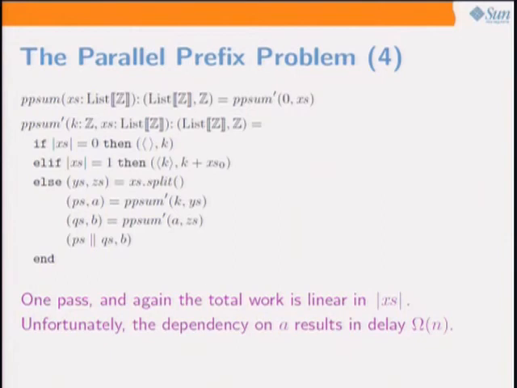Unfortunately, a did come out of the result of the first call to pp sum prime. So we still have a dependency on a. The total work is linear in x's, and in fact, its dependency on a in this formulation results in a linear time delay rather than a log squared time delay. So that's no fun. However, this idea of passing down from the top a value turns out to be the right idea in the end, but we need a trick first.